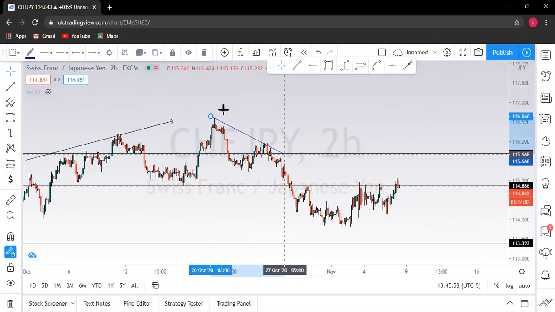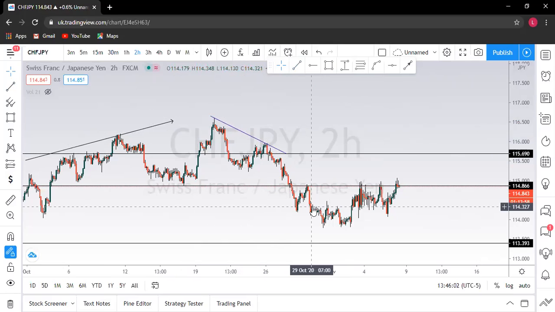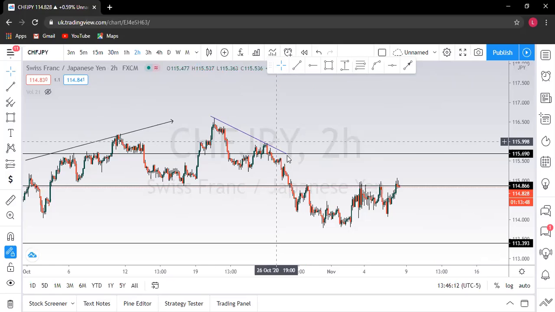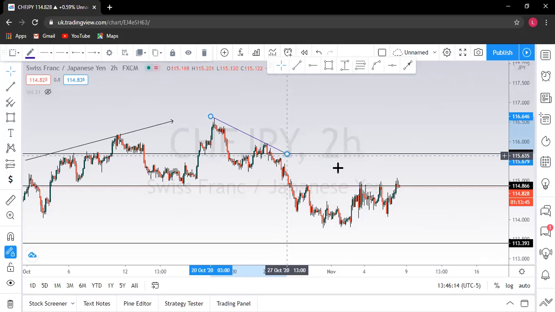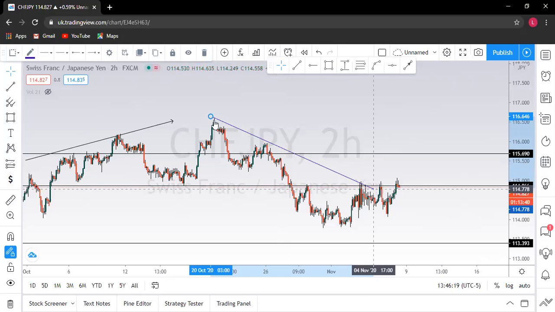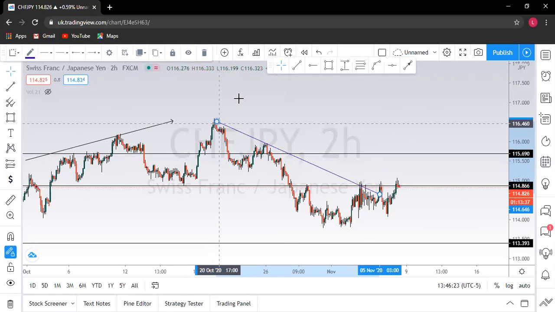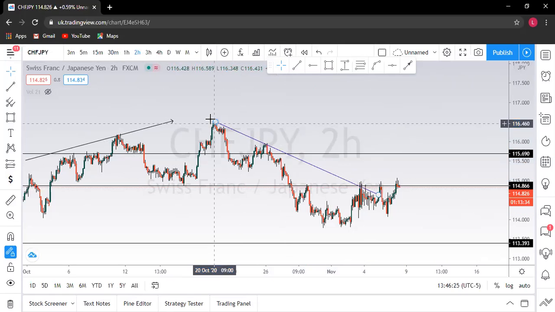For a validated trend line, the market must have tested it more than two times. Sorry, three times. Because whenever the market gets back there in the future, it means the market is going to respect it, because it has tested it more than two times.